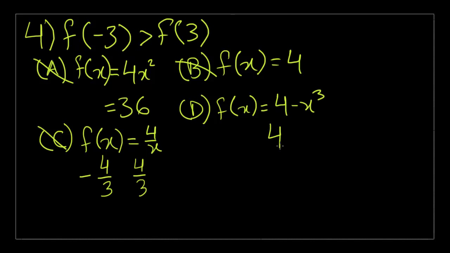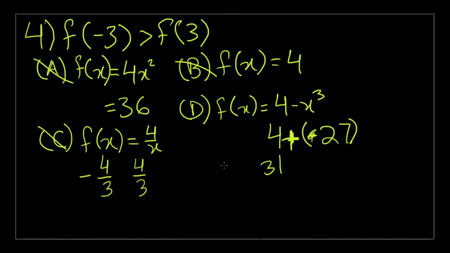So that's equal to 4 minus negative 27. Well, the negatives don't cancel out. One just turns into the positive sign and the other one just disappears. So 4 plus 27 is equal to 31.